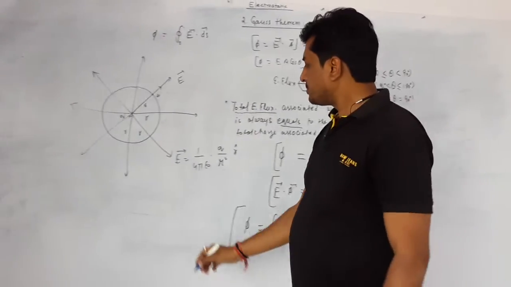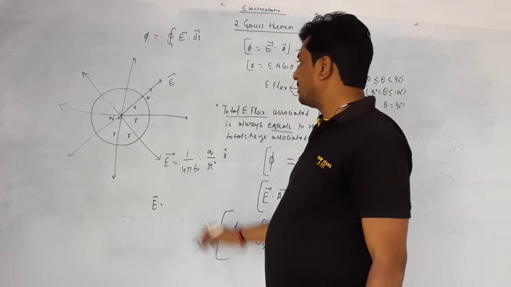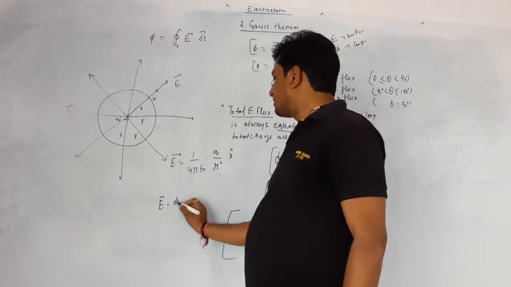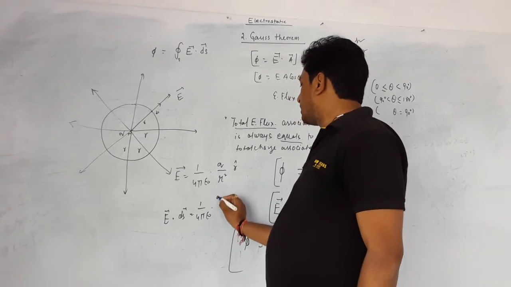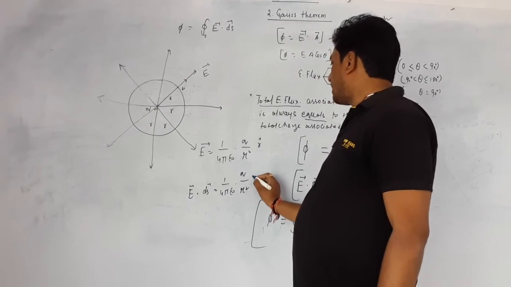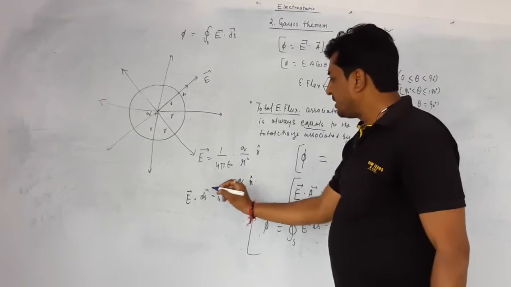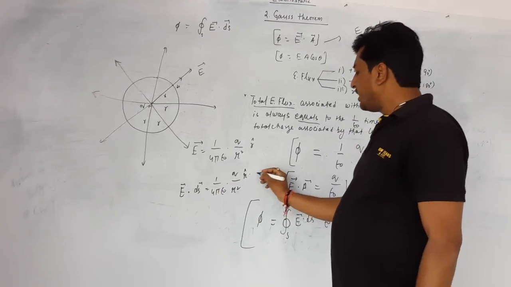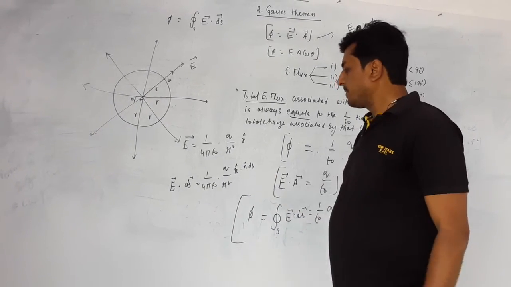Now, vector E dot product with the area vector ds, you will get 1 upon 4 pi epsilon naught Q upon r square r cap dot product of vector ds. For vector ds, assume unit vector n times ds.